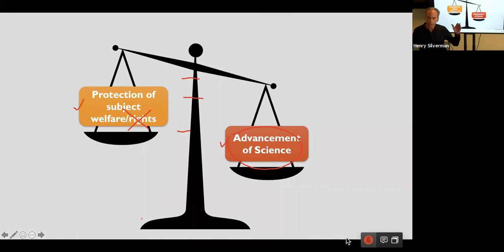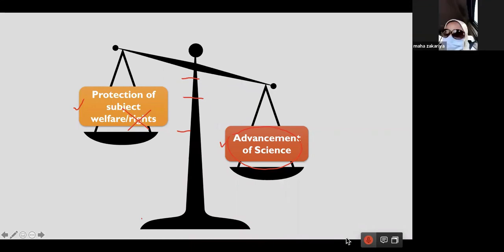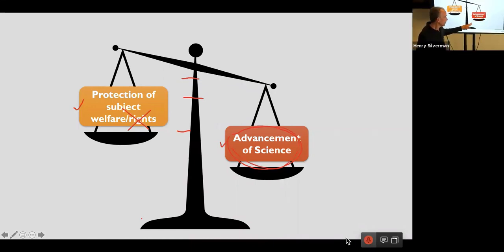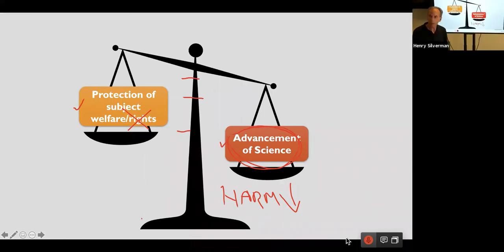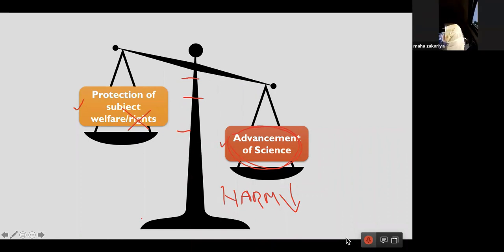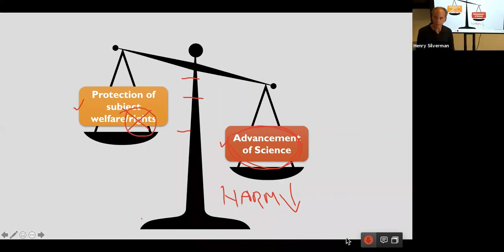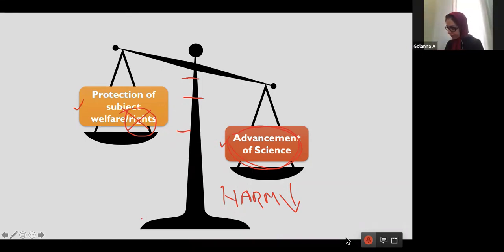So there is this concept that if it's for the advancement of science and if the harm to them is very minimal, right, then it is permissible to invade their privacy rights. Is that what I'm hearing? Is that making sense? Yes. Okay.